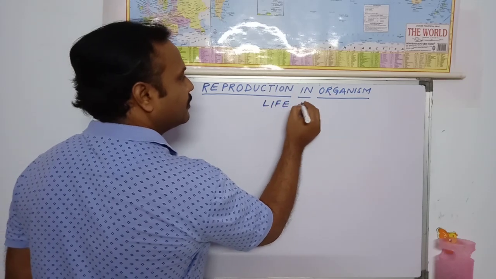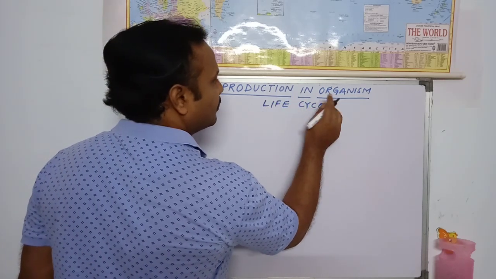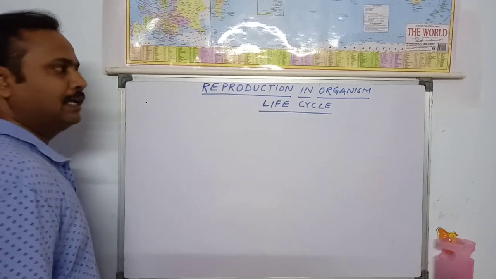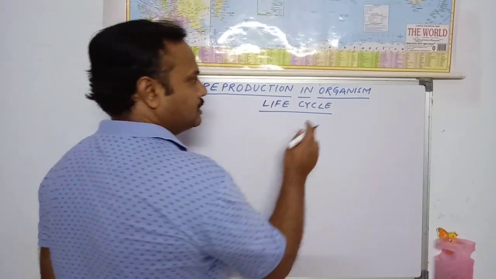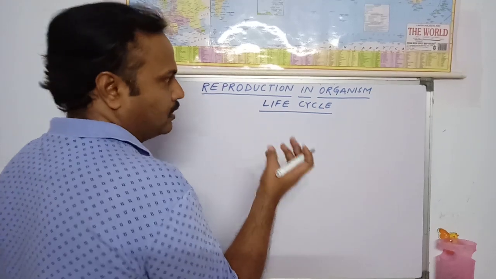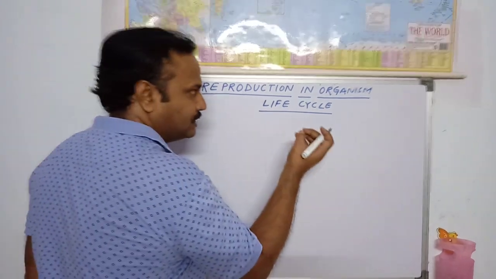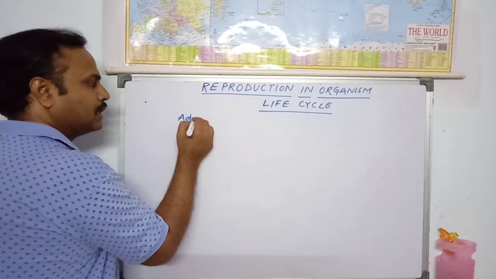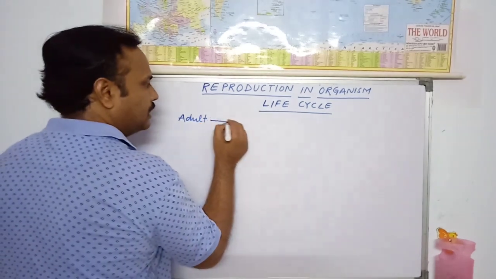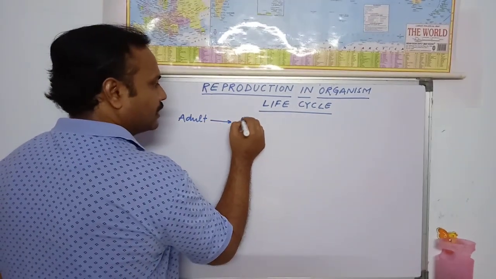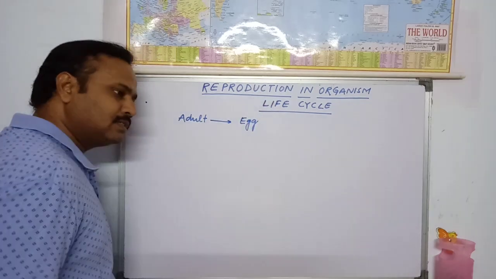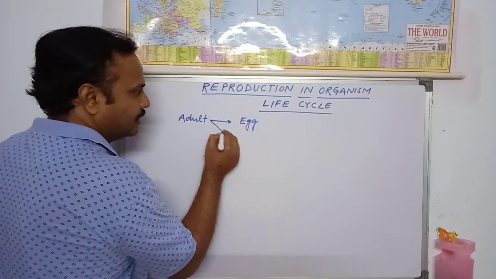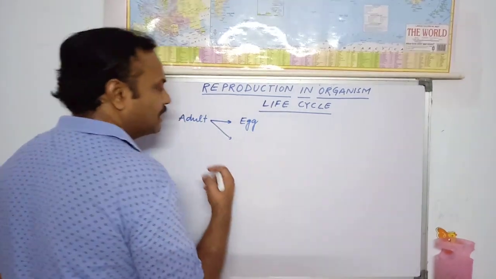Life cycle. The life cycle refers to the stages which one organism passes through. The stages, say for example, if you take the adult, then the adult gives eggs or babies that will give birth to the young ones also.